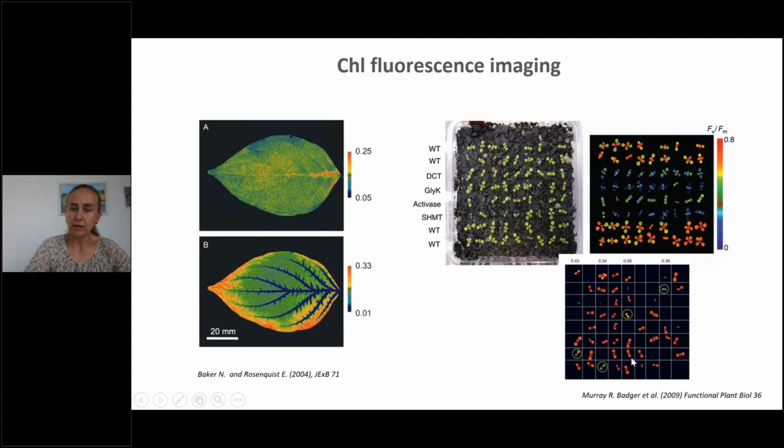Screening, where we can use steady state signal of the plants in large scale screening for mutants that clearly differentiate in the fluorescent signal or the given photosynthetic parameter, here maximum quantum yield.